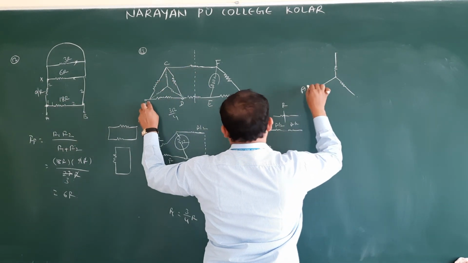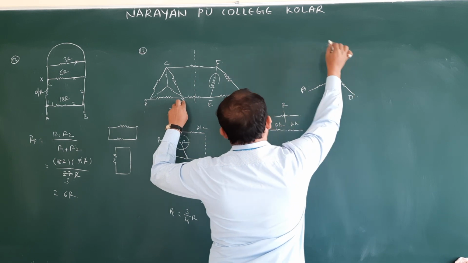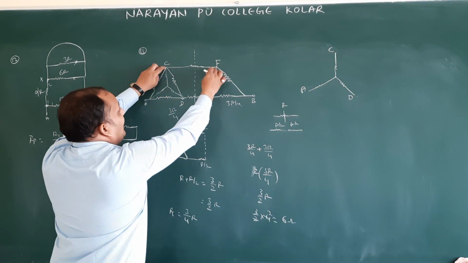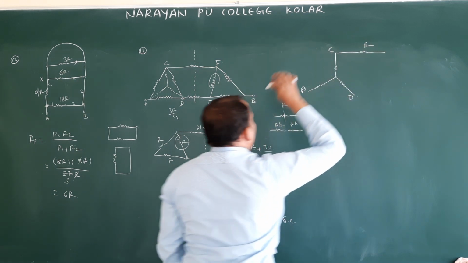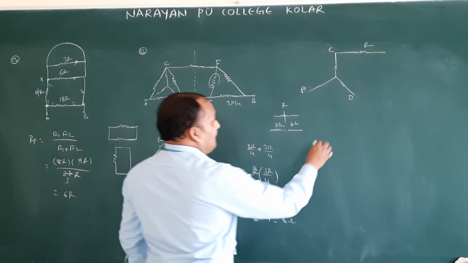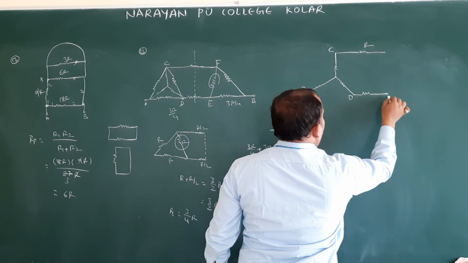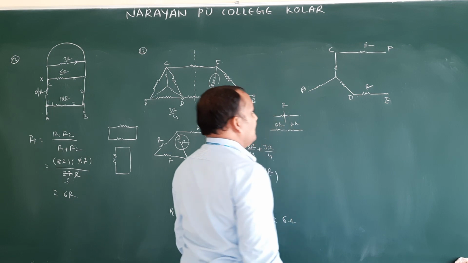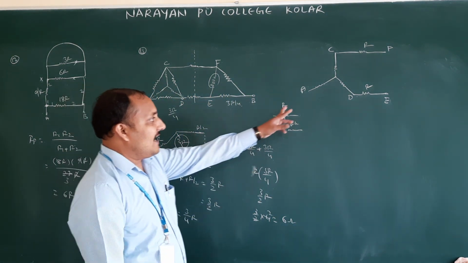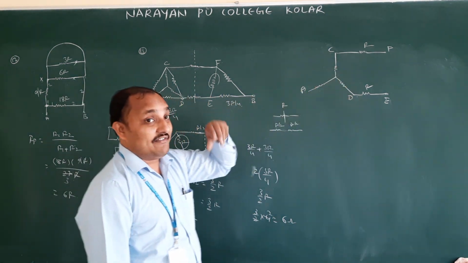This is A, this is D, this is C. From C to F, this resistance is R, as it is. From D to E, that is also R. These values I will write, and for these values I gave the equation.